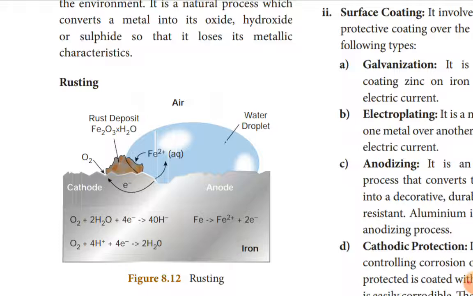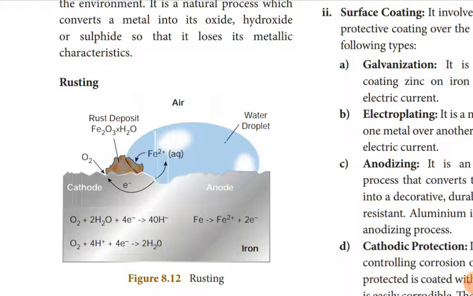And oxygen further, plus 4H plus, that is the gain of hydrogen protons, plus electrons, forms water molecules in the cathode. And what takes place at the anode? At the anode, the iron atom becomes the ion Fe2 plus by losing 2 electrons.